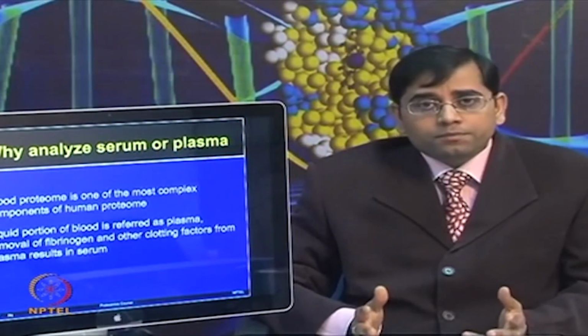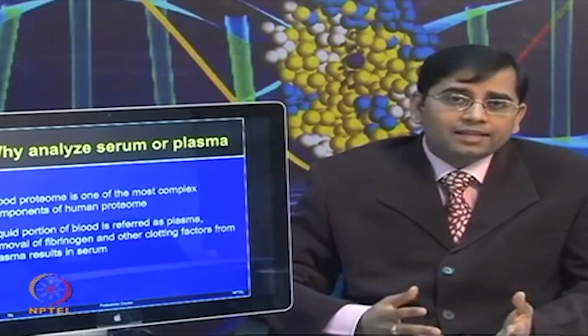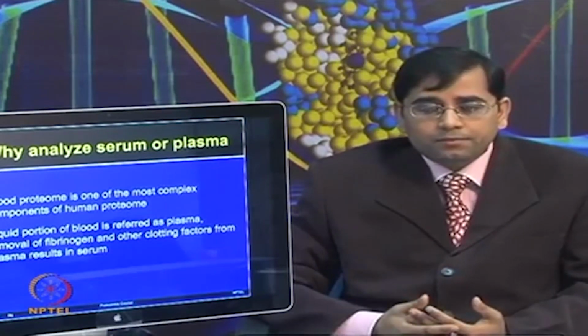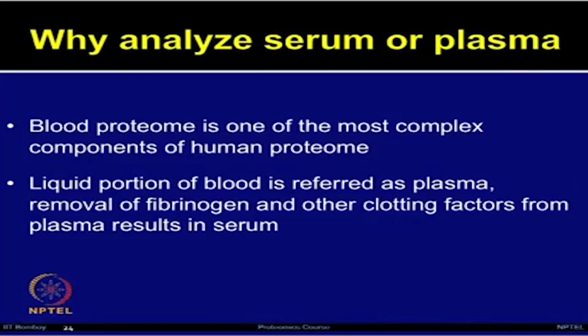So, first of all, you may ask why to analyze serum or plasma for any proteomic applications. As you know, blood proteome is one of the most complicated components of the human proteome.